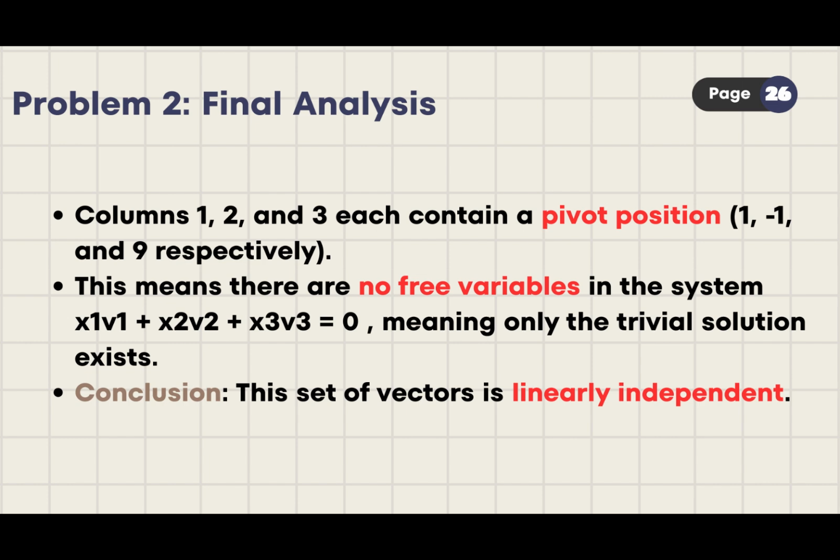This means there are no free variables in the system. x1 v1 plus x2 v2 plus x3 v3 equals 0 has only the trivial solution. Conclusion. This set of vectors is linearly independent.